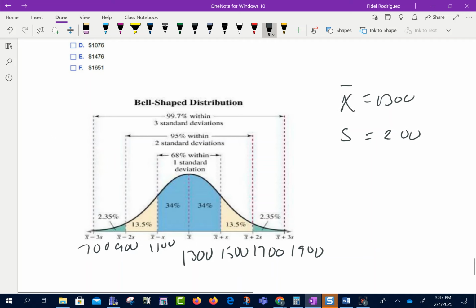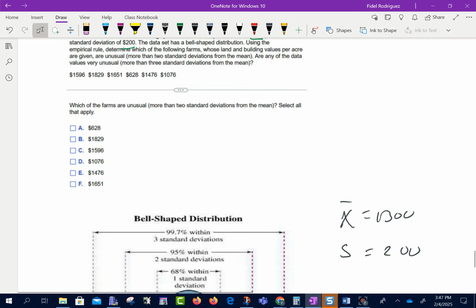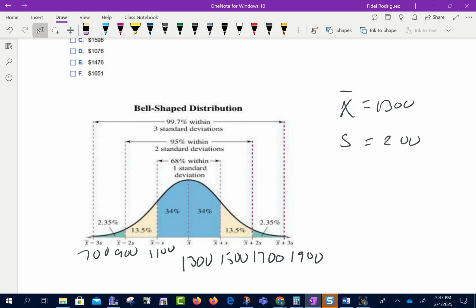Okay, now let's continue to read through the question. The question is asking me right here, are any of the data very unusual? Okay, they're actually asking us for two things. Which ones are unusual, more than 2 standard deviations away from the mean? Okay, so let me explain what I mean by that, y'all. Here is our mean. These numbers are 1 standard deviation away.